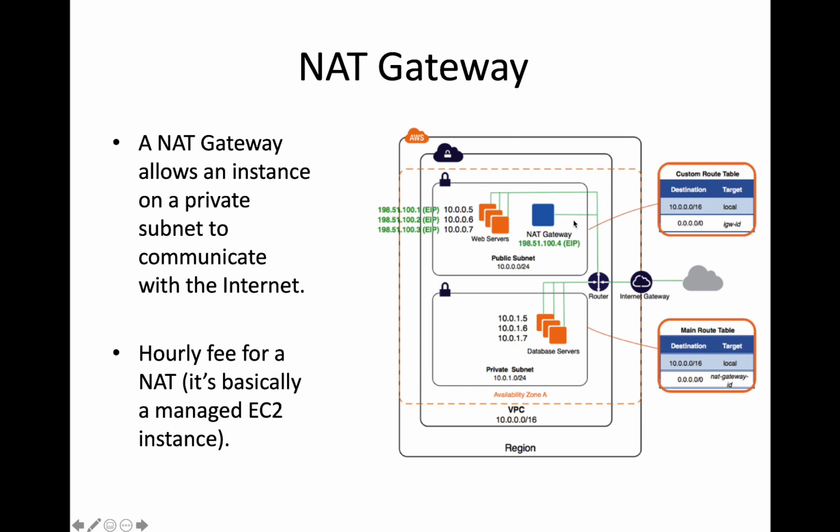And the NAT gateway must have a public IP address, because remember, only resources with public IP addresses are able to route traffic through the internet. When we create a NAT gateway, we actually will first create an elastic IP and then associate that elastic IP with the NAT gateway so that the NAT gateway has a public IP address.